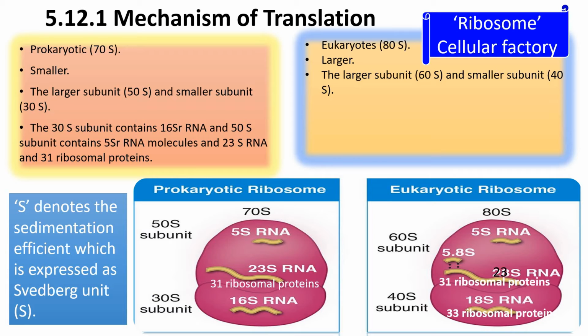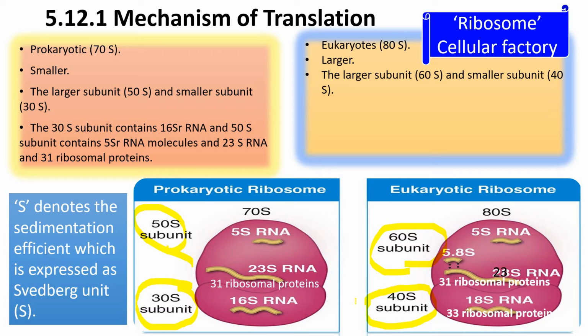Whatever the type, the ribosome has two subunits, the larger and the smaller. In prokaryotes, the larger subunit is 50S, but in eukaryotes it is 60S. The smaller subunit in prokaryotes is 30S, and in eukaryotes it is 40S.